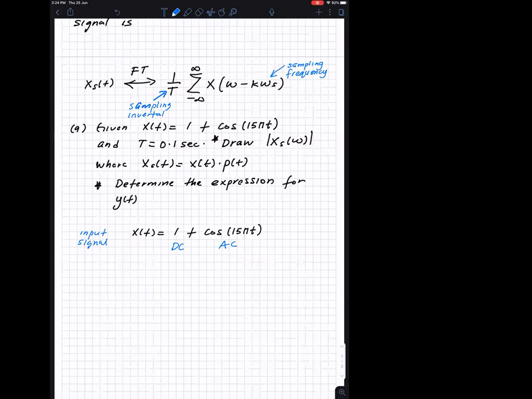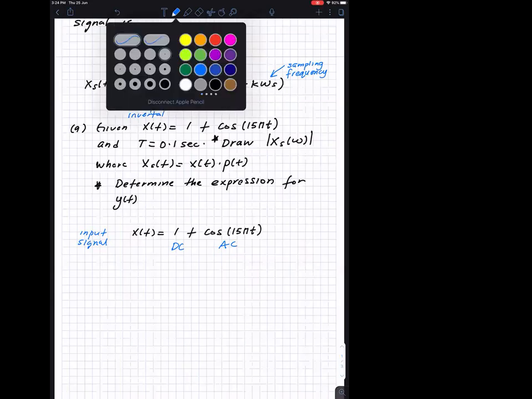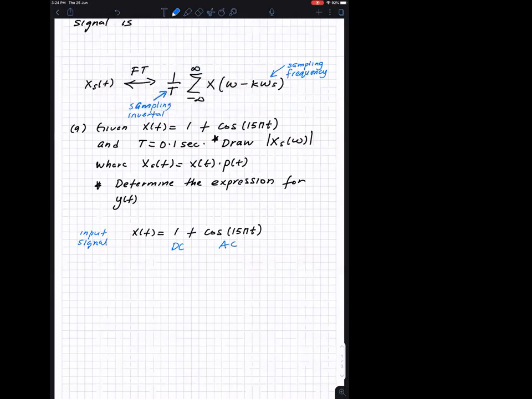Yes, sir. Kavin? Fourier transform, sir. Okay, very good. Fourier transform.